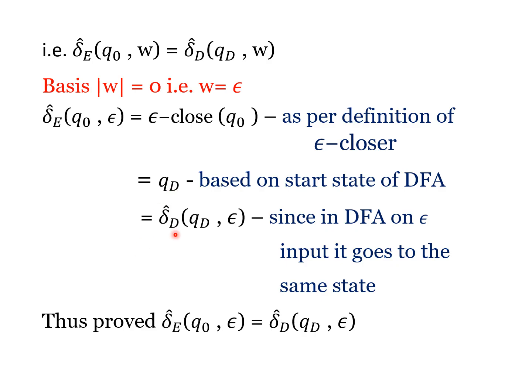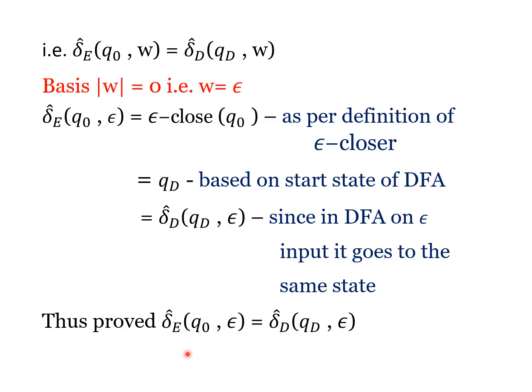which can be written as the DFA del transition from QD comma epsilon. This is by the definition given for the DFA. Since in a DFA on epsilon input it goes to the same state, it definitely goes to the same state QD on epsilon, since the DFA does not have an epsilon transition from one state to another state.